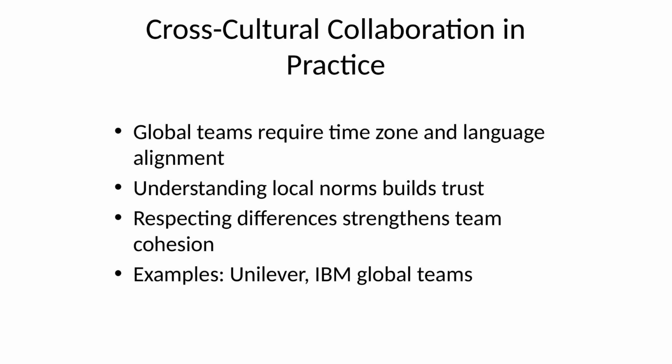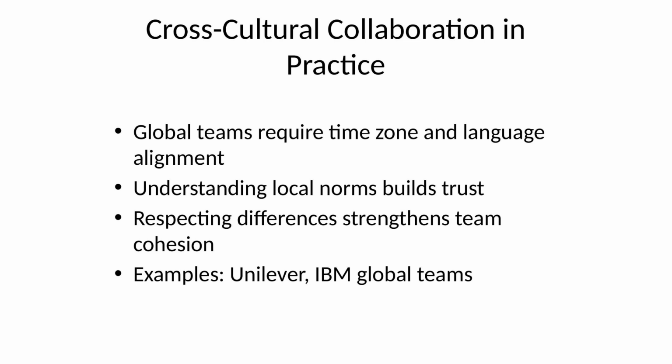Cross-cultural collaboration is now a standard feature of many global organizations. Working across cultures demands attention to detail in communication styles, time zones, and language preferences. For example, scheduling meetings that accommodate different time zones or using plain English when team members have varying language fluency.